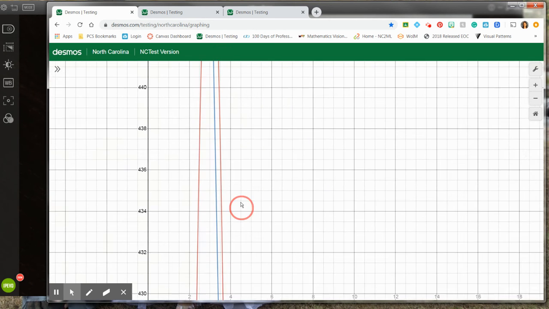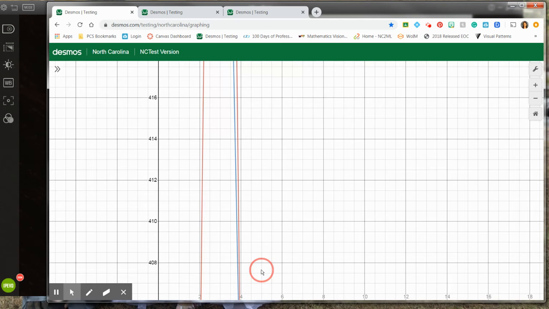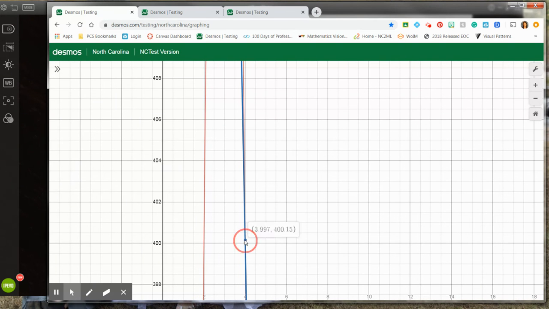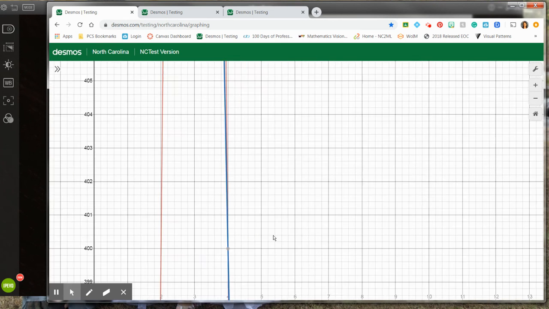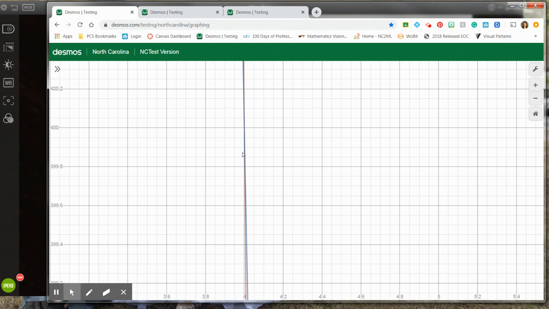If you look down, sorry, I'm trying to get Desmos to agree with me. If you keep moving your graph down, there's another point right here. If you want to zoom in a little bit more to see it better, you can. But ultimately, this other intersection point, and if you just click on these, it'll show you the intersection point.